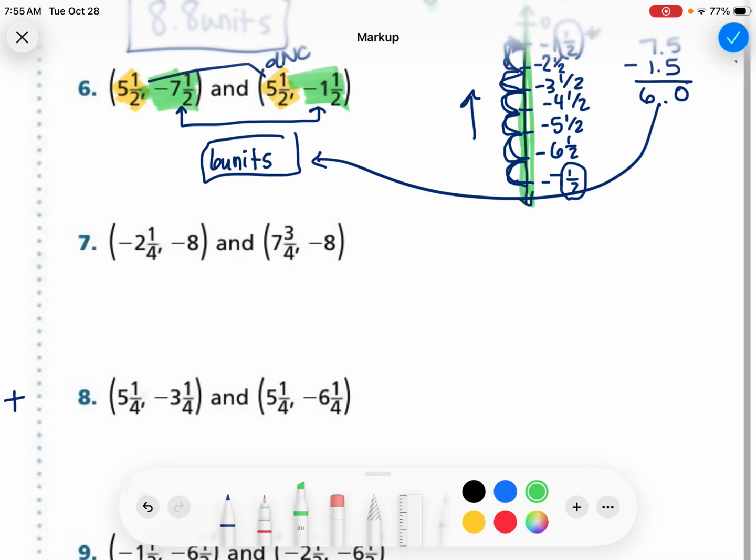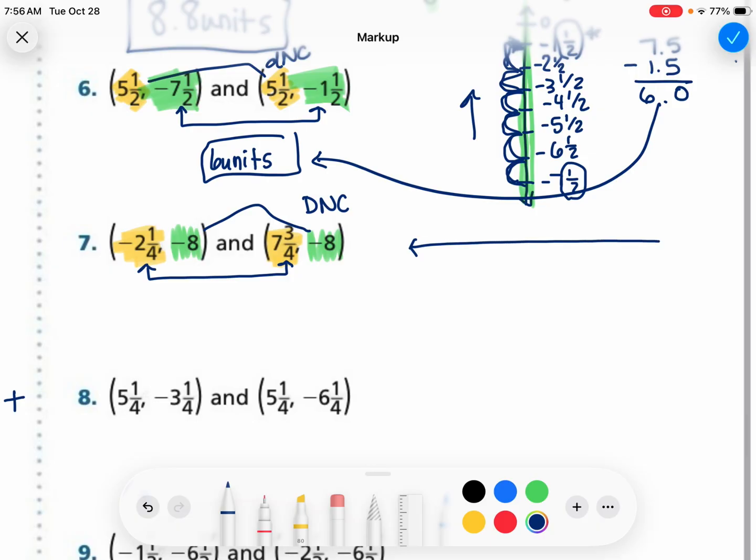You notice now the one that's the same is my y coordinate. So that one's the one that did not change. Therefore, the one that's going to change is my x coordinate. So my x coordinate went from -2 1/4 to 7 3/4.